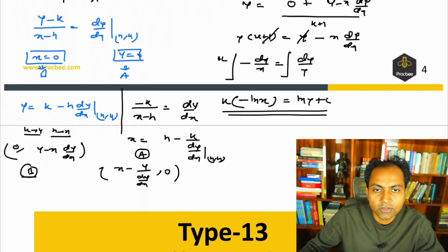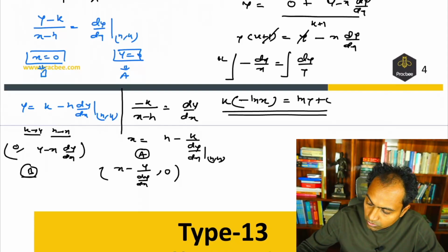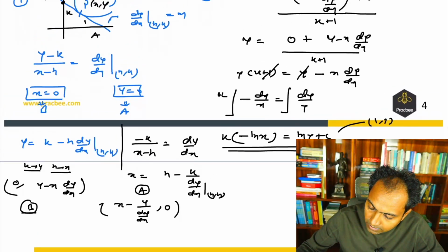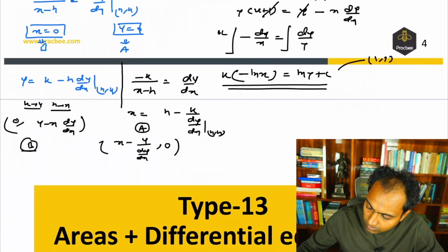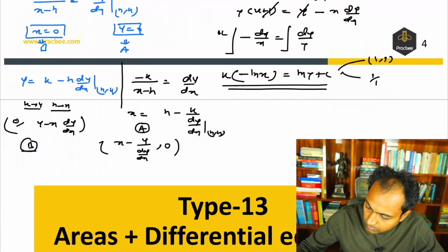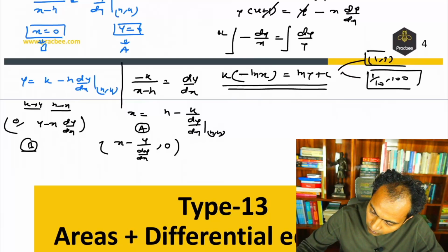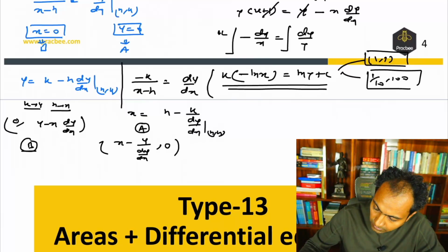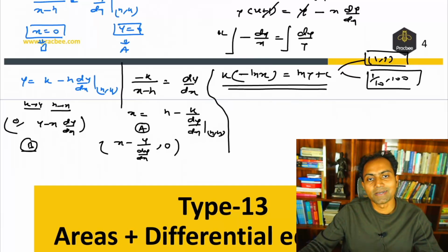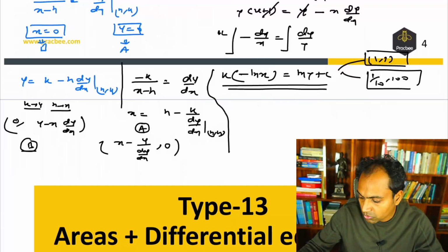Now it is given in the question clearly that this curve passes through two very important points. One is (1, 1) and another one is nothing but (1/10, 100). Now we can use both of them to find the value of k. This was the purpose of doing the first part, and in the second part the value of k will be used to solve the equation.